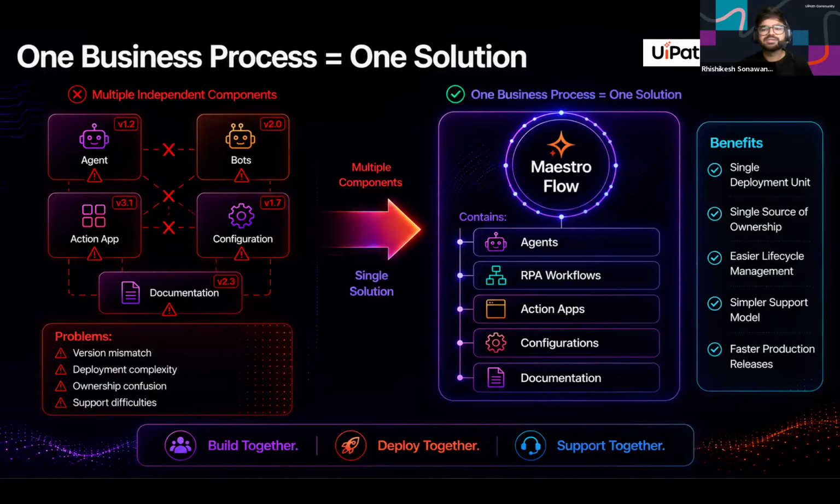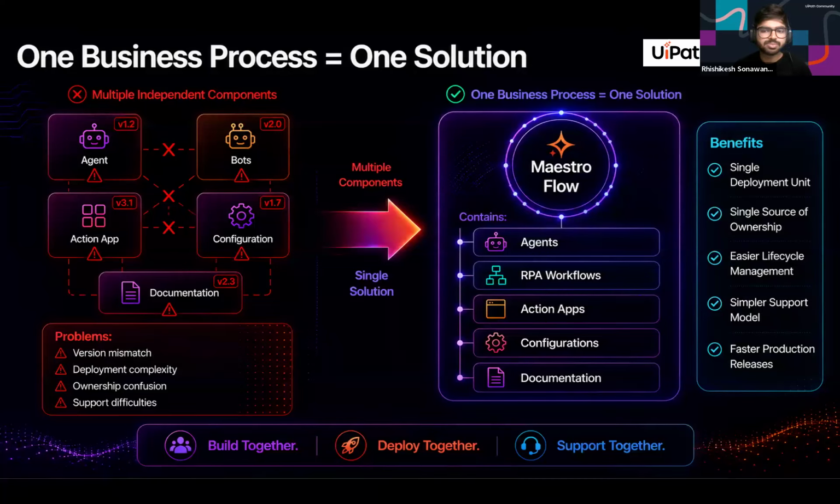When everything lives inside the same solution, the complexity and versioning errors just go away. We can version it together, test it together, and even deploy and support it together. That's the real benefit: a single deployment unit. We don't have to deploy five separate things, we just deploy one single solution.